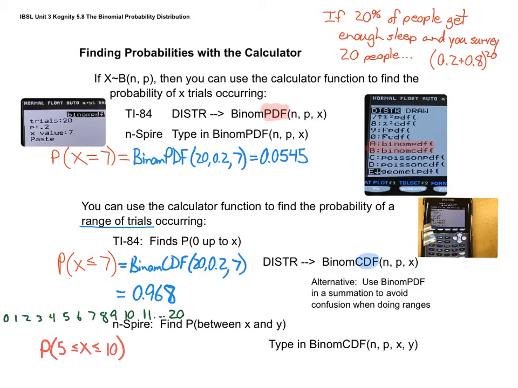Now, is that correct? No, because you have to include 5. And then if you subtracted those, then you would have between 6 and 10. So you just do 4. Yes, we would do 4. You do the binomial CDF up to 4.